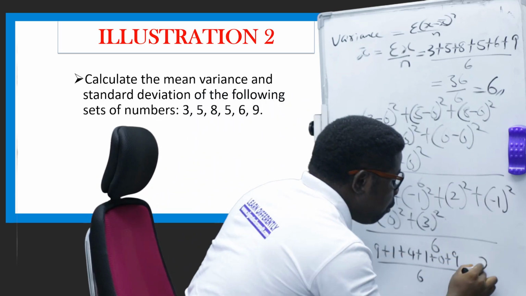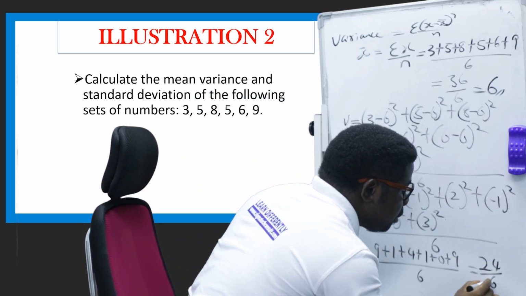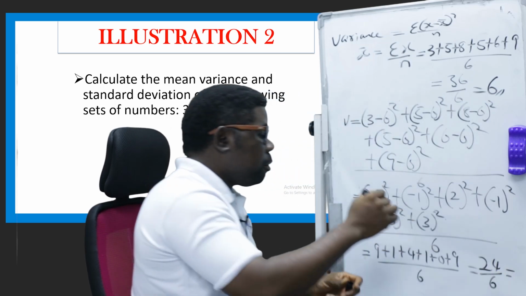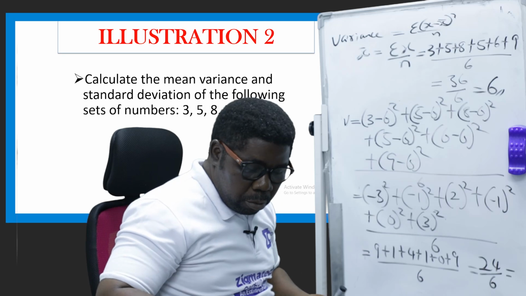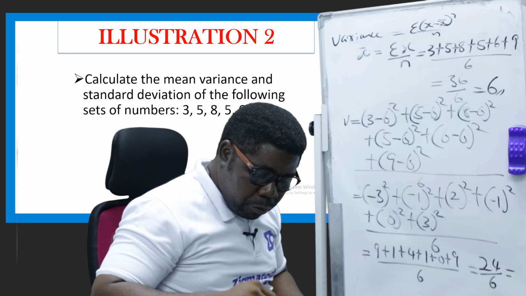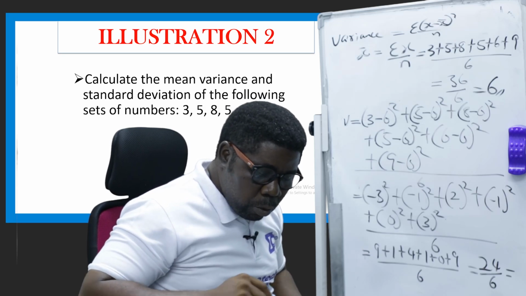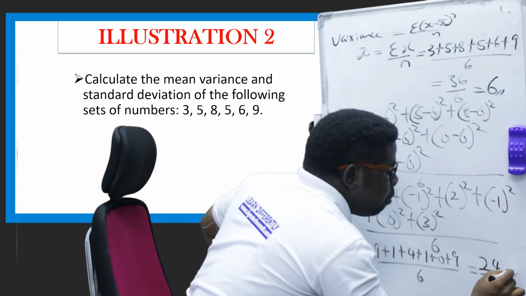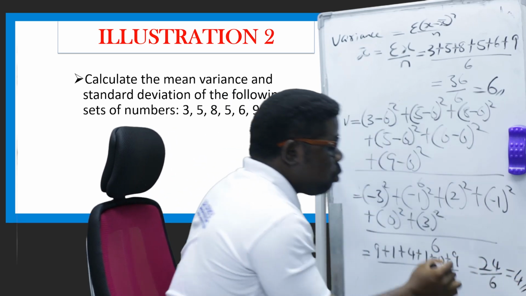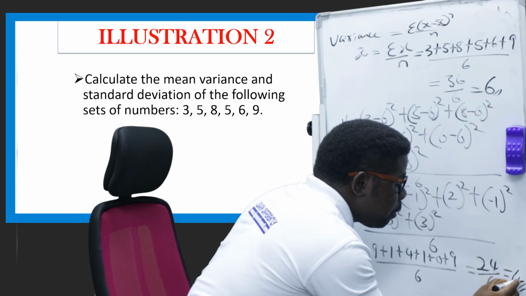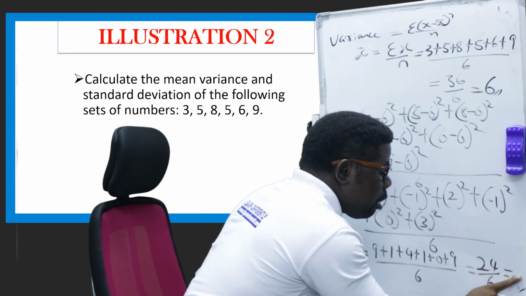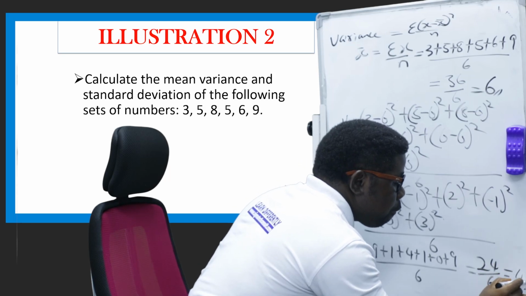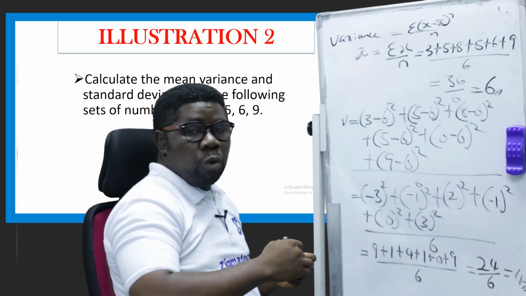So we have 24 over 6, and 24 divided by 6 is 4. Our variance is 4.